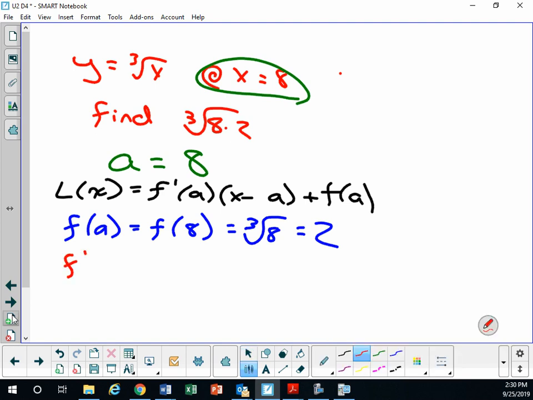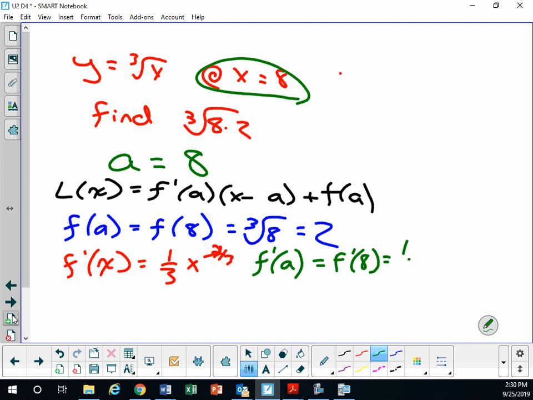I also need f prime of x, which is 1/3 x to the negative 2/3. So f prime of a is going to be f prime of 8, which is 1/3 times 8 to the negative 2/3, which is 1/3 times 1 over the cubed root of 8 squared.